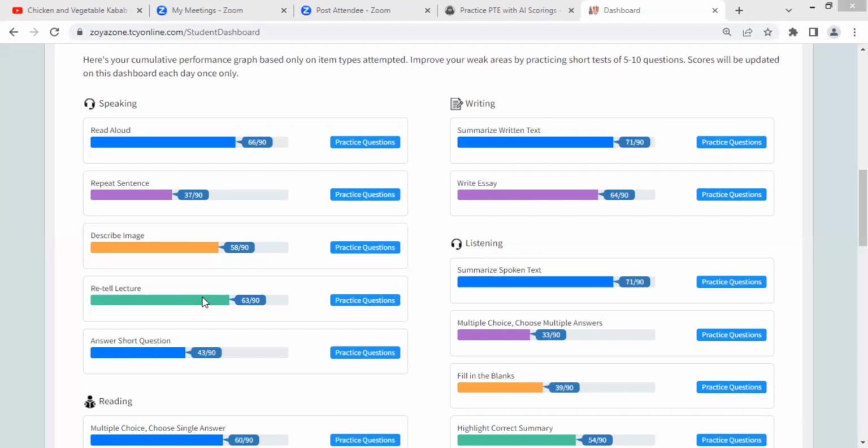After the audio, we have to find some keywords, major ideas, major theories, a major understanding of what was in the lecture. There are 12 to 15 major words that you need to pick from the lecture. After picking these 12 to 15 words, you just need to start speaking.